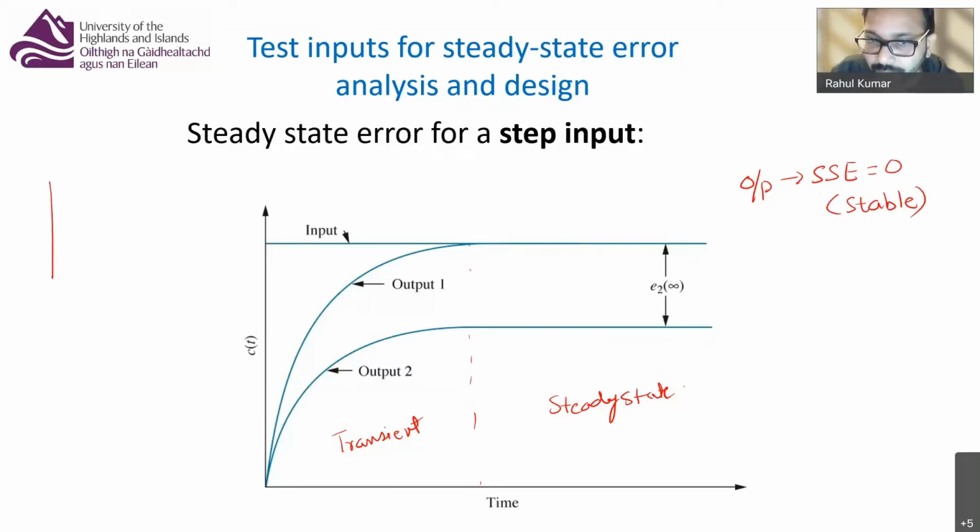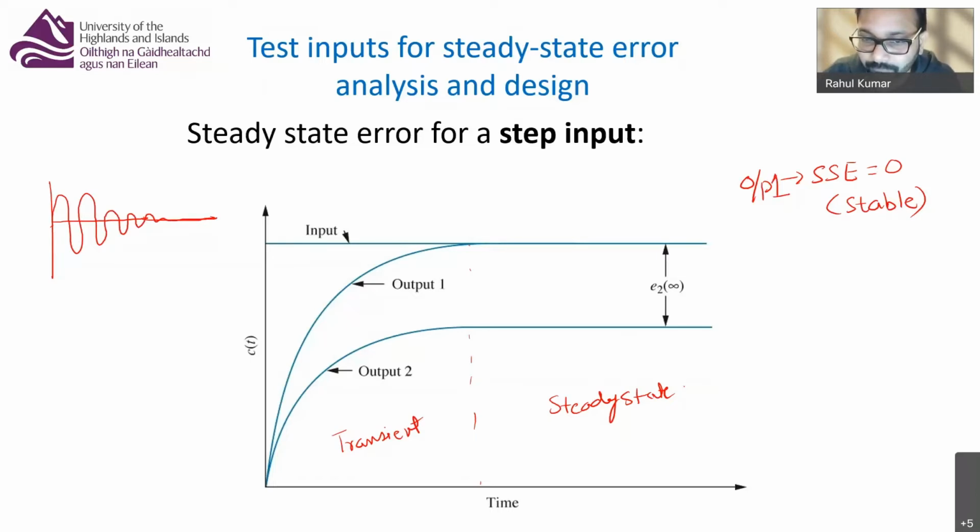So in a stable system, something like this happens. Your oscillations will reduce, and there will be no error, right? So for output 1, my steady state error is 0 and my system will be stable.